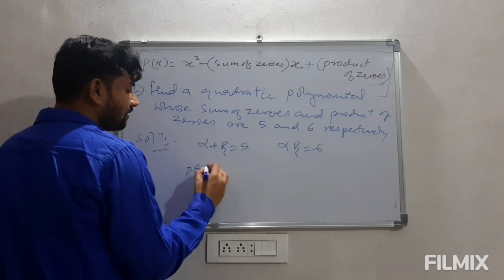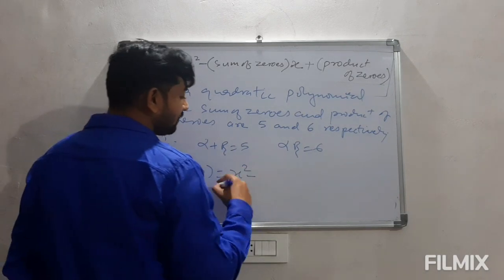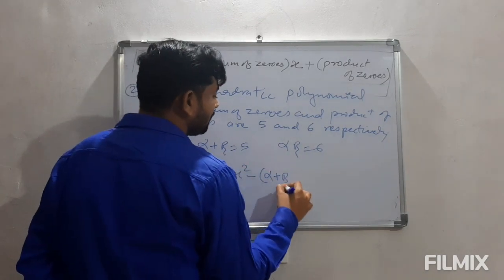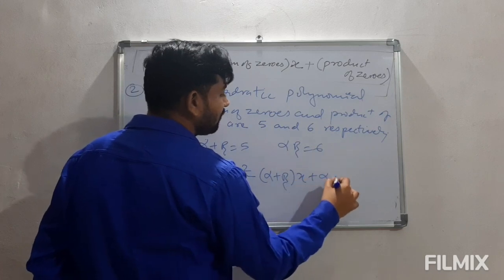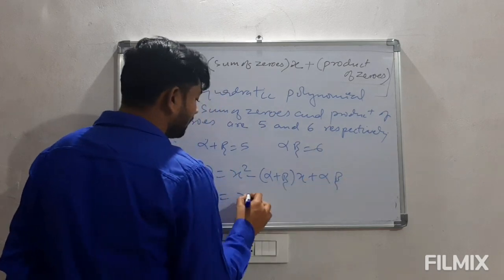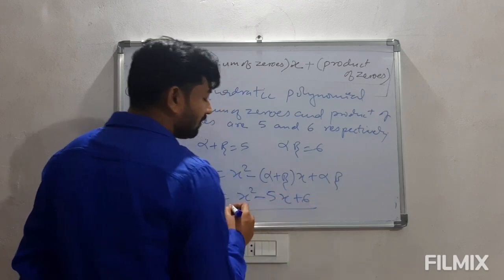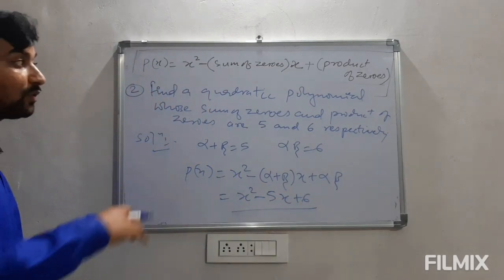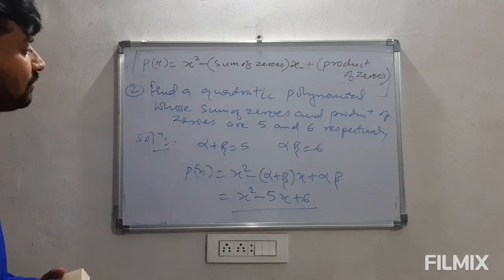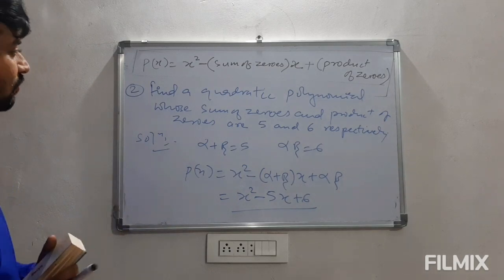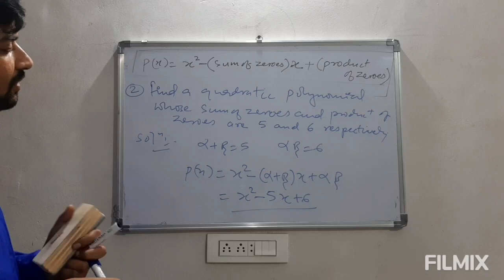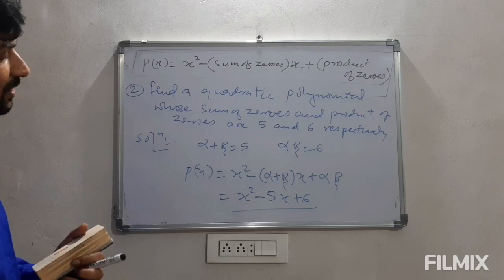So p of x is nothing but x square minus alpha plus beta x plus alpha beta. So from here what we are getting, x square minus 5x plus 6. So this is the answer. So this is more simple question than that. So this is how we find out a quadratic polynomial if sum of zeros and product of zeros is given to us.